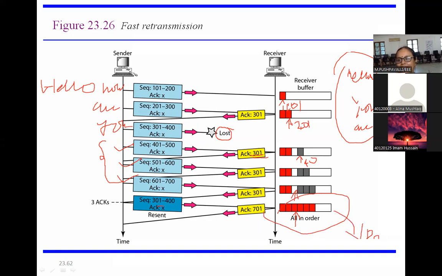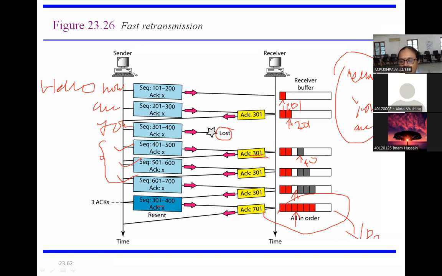Reassembling is one of the important works of the transport layer. In the transport layer we have seen so many works: identifying the service, whether it is TCP or UDP, reassembling, multiplexing, demultiplexing, error control, flow control, and assigning the port address. In the similar way, it can do the fast retransmission.